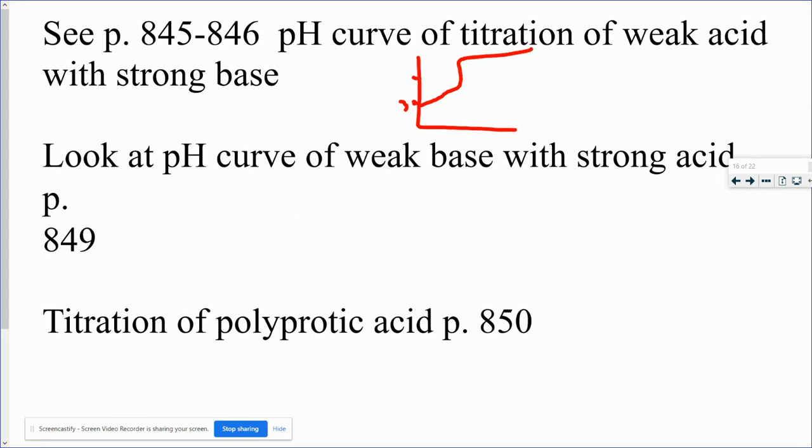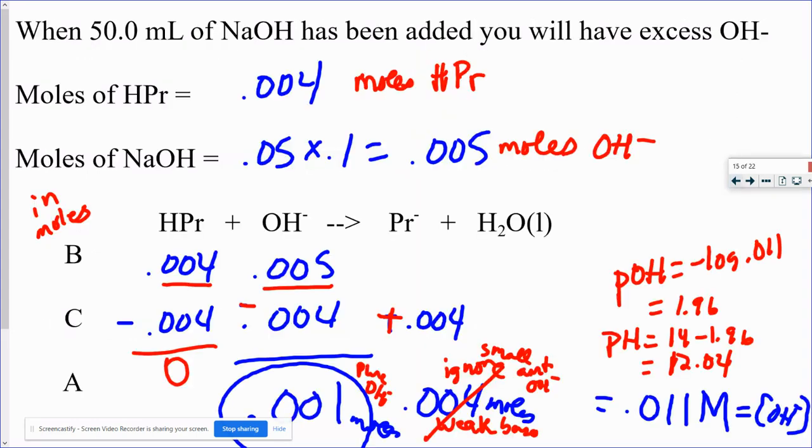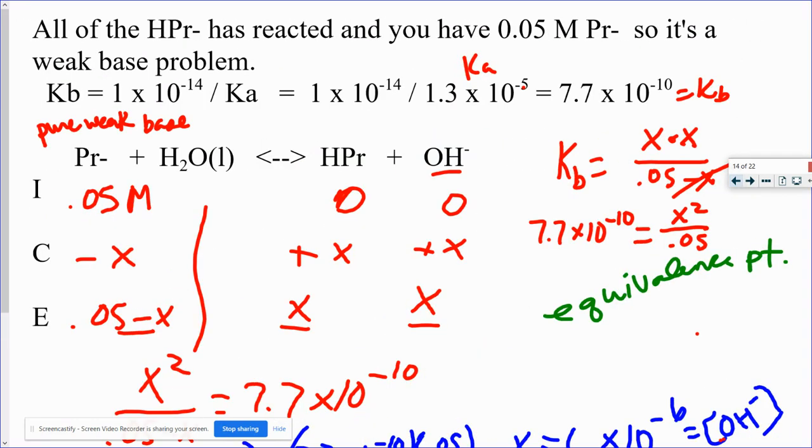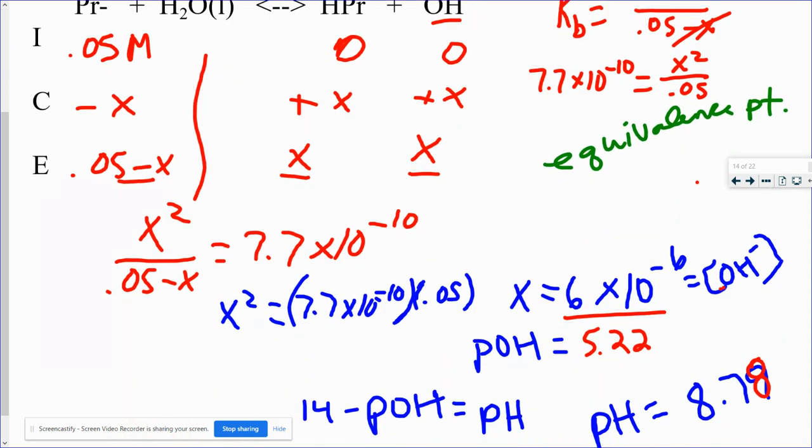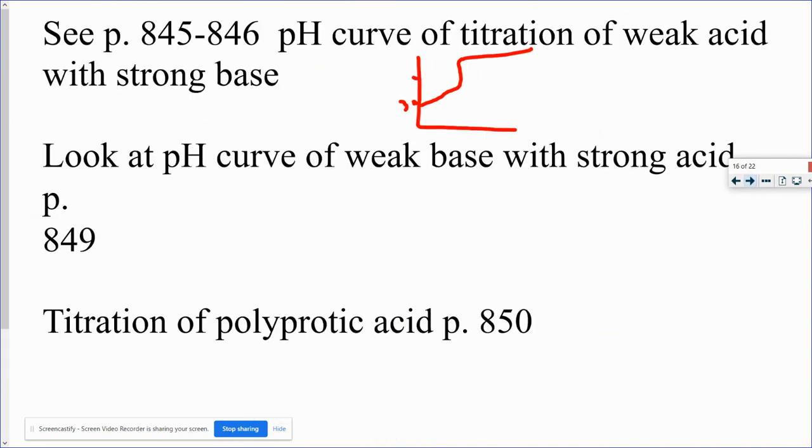And the equivalence point in this case, what was it, pH of 8.78. So, oops, sorry about that. Okay, so 8.7 or 8.8 is the equivalence point in this one. And then it would go up a little bit more, and then it would be pretty steady. It was actually a little higher, pH 12, than what it went up to, okay?